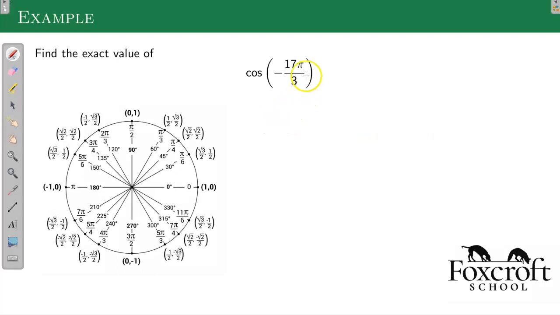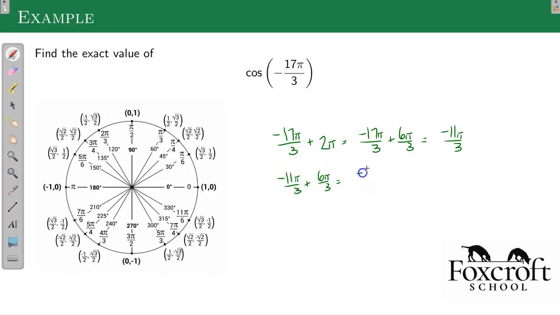This one, cosine of negative 17 pi over 6. There's no negatives on here. Angle-wise, there's no negative values, so I know I have to use coterminal angles. I have to take negative 17 pi over 3 and add 2 pi, which comes to negative 11 pi over 3. Still negative, so let's do it again. Gives me negative 5 pi over 3.